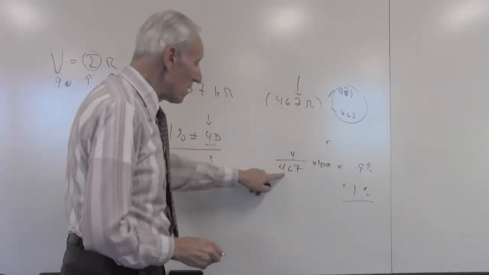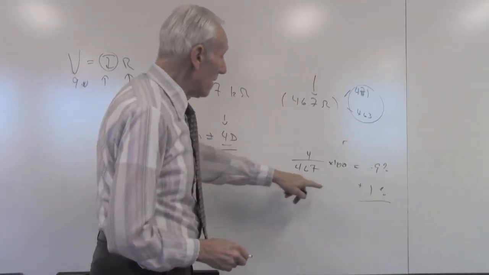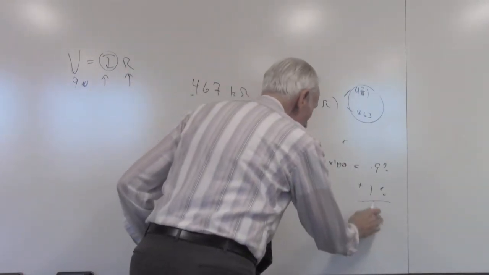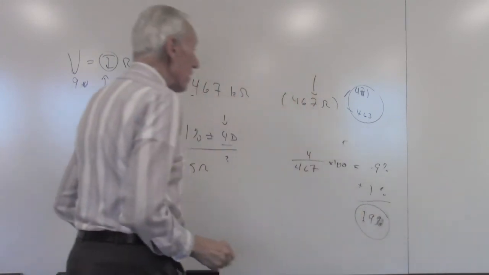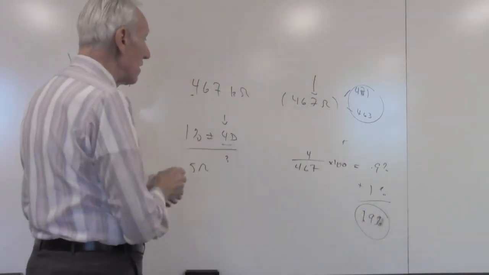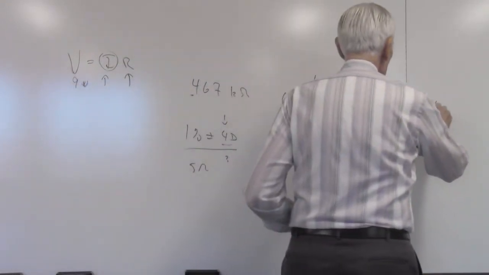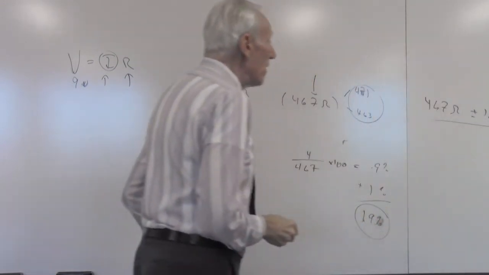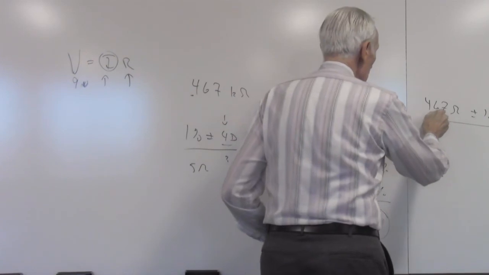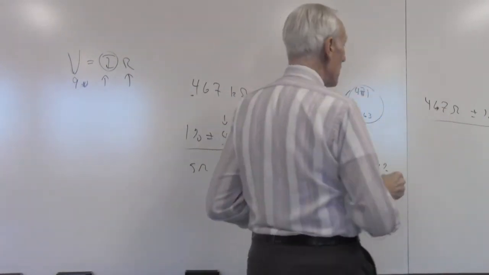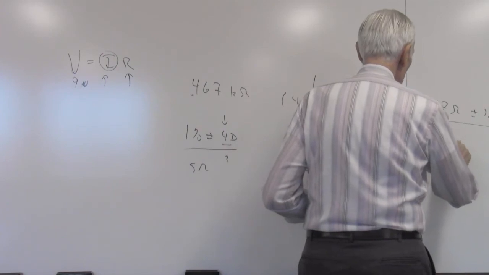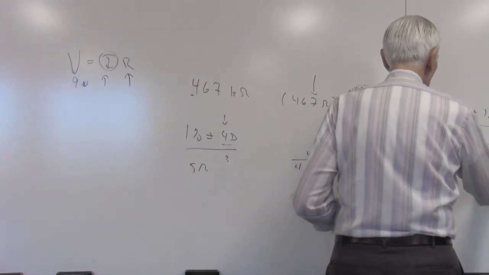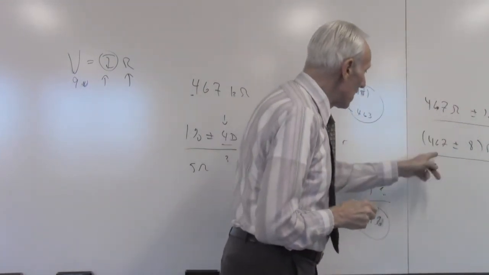This always changes depending on what that number is. The smaller the number, the bigger the percent actually. So 1.9%, sorry. So this meter on this scale with this resistor means that we have a 467 ohm plus or minus 1.9% resistor. And if you want to write it in terms of absolute error, that's 467 plus or minus about 8 ohms. 1.9% of that number is 8.